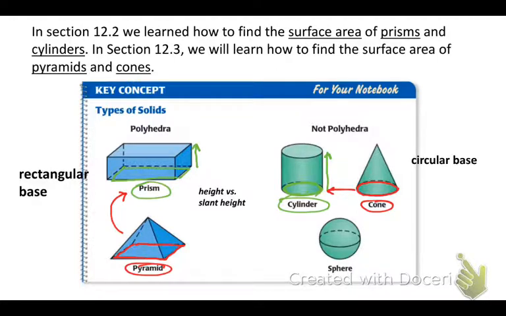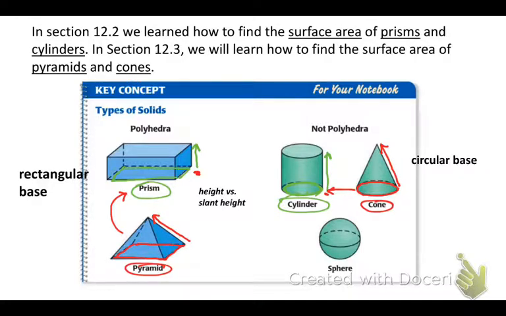But what's the difference? With a pyramid, instead of the sides being vertical like they are in a prism, the sides are slanted. And with the cone, it's the same deal. Instead of the side being vertical like it was in the cylinder, it's slanted.